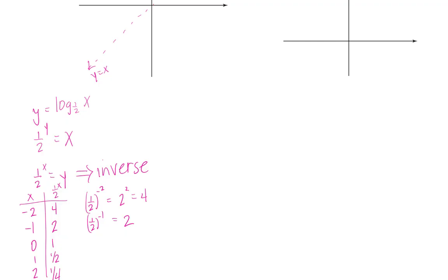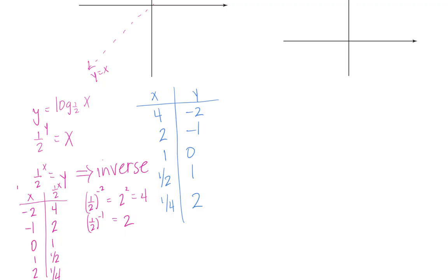So now to come back and do your actual equation, you just switch all the places. So your actual graph is going to be (4, -2), (2, -1), (1, 0), (1/2, 1), and (1/4, 2).